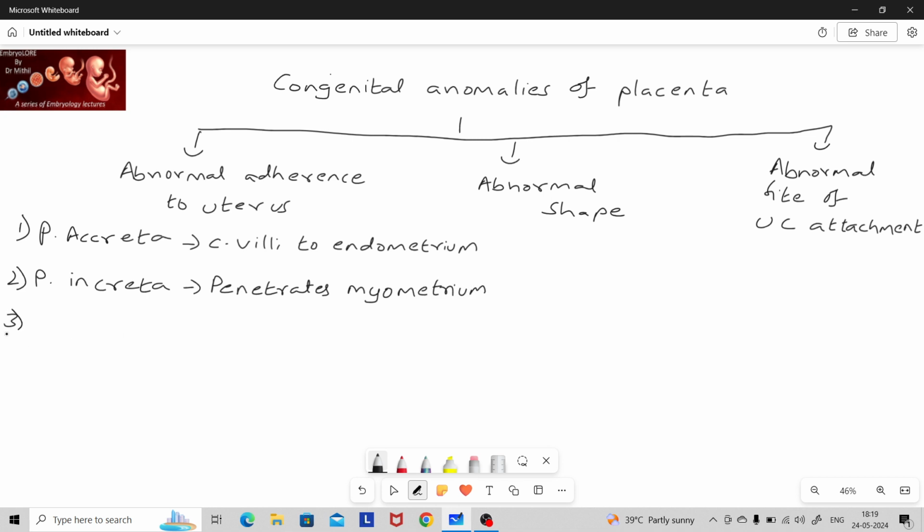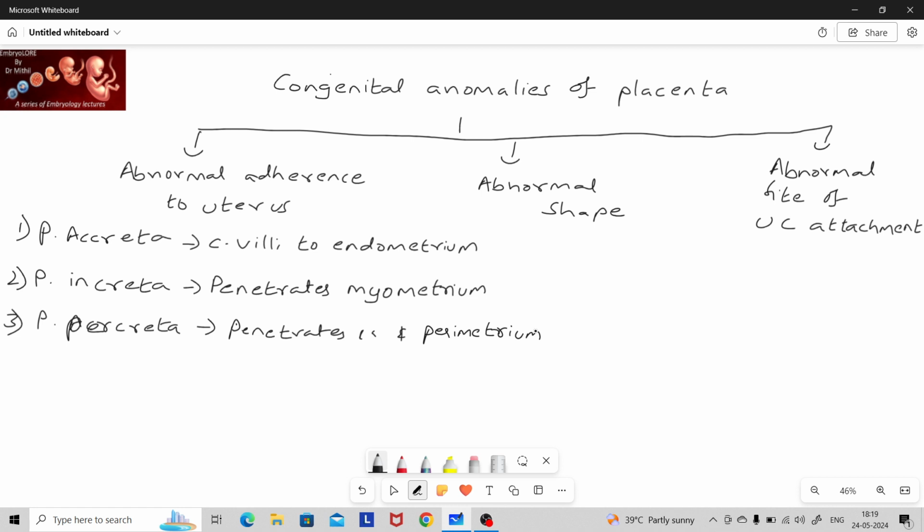And the next one is the placenta percreta, where it penetrates the full thickness of the myometrium and then the perimetrium.